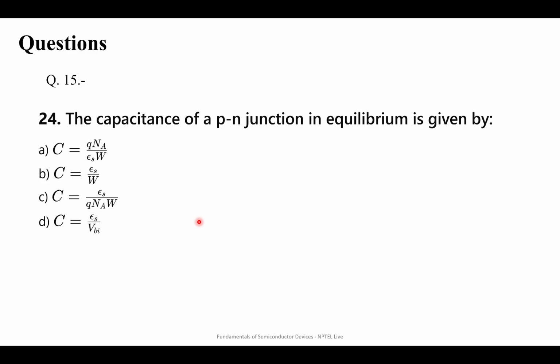So next question. The capacitance of a PN junction in equilibrium is given by C equals q Na upon epsilon s W, C equals epsilon s by W, C equals epsilon s q divided by q Na W, C equals epsilon s by VBI. So what is the formula for capacitance?